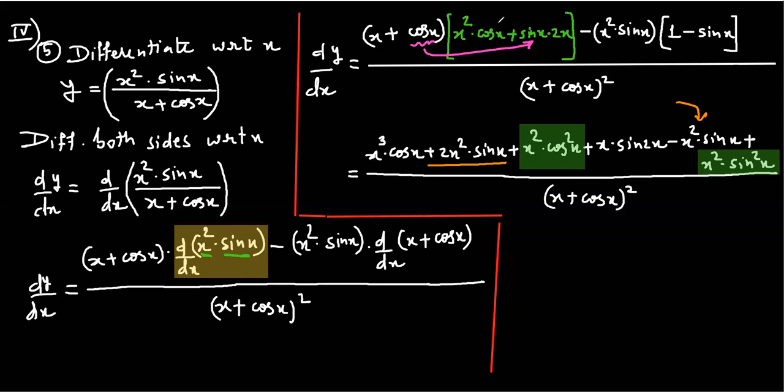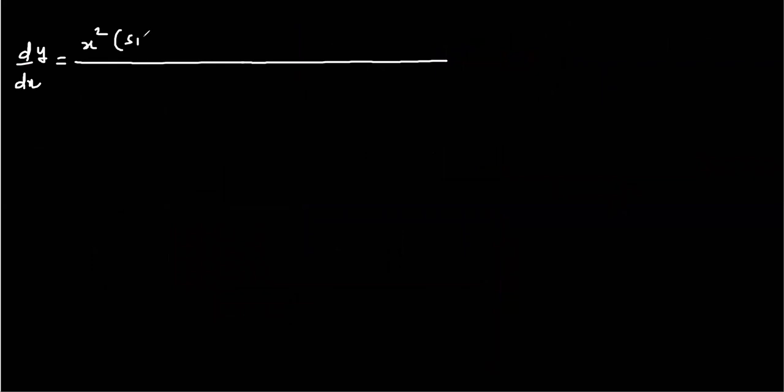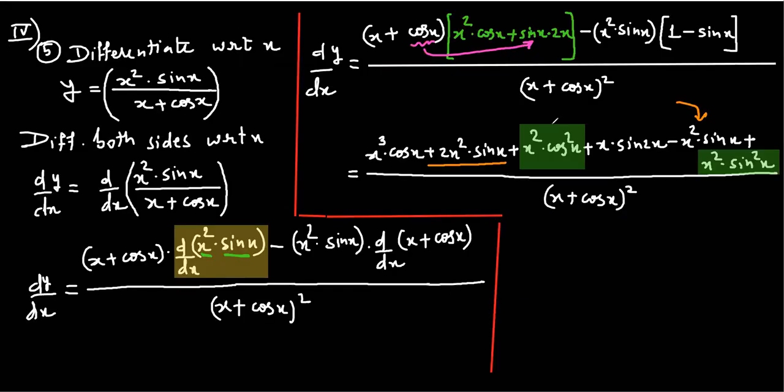So therefore, d by dx of y equals to, I get here, as I told you, I take x square common, so I will get sine square x plus cos square x. And then I said that I have 2x square sine x minus x square sine x.